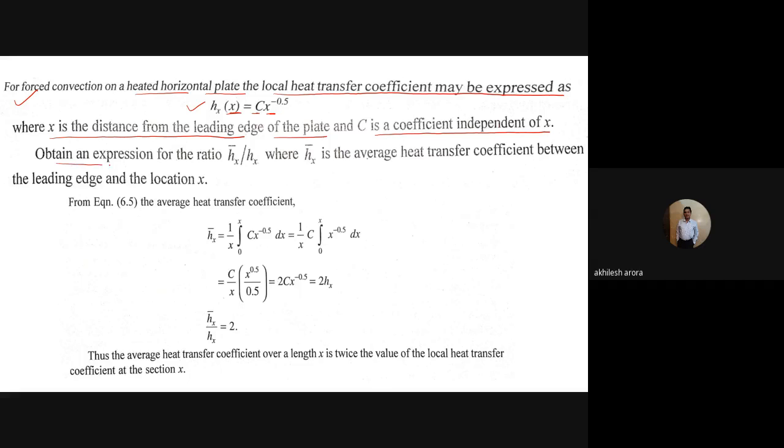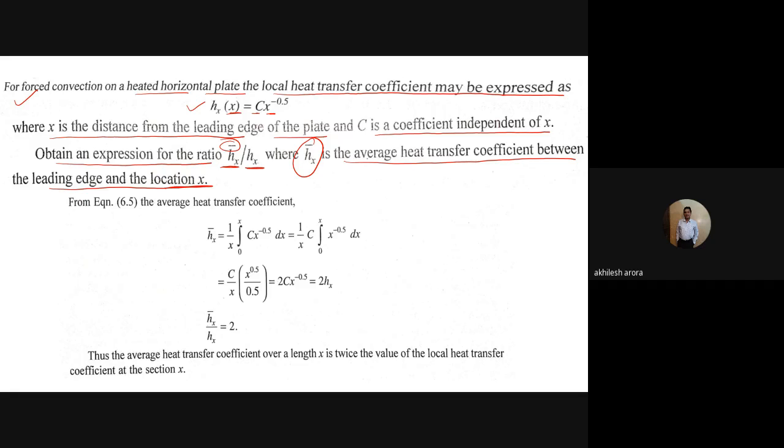Obtain an expression for the ratio of h average, the average heat transfer coefficient, to the local heat transfer coefficient. You can see there is a bar over the heat transfer coefficient, so it is the average between the leading edge and the location x.